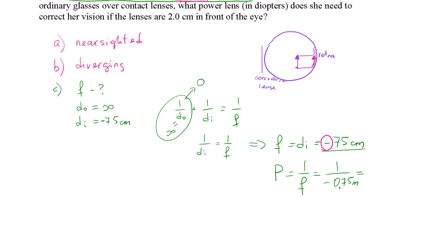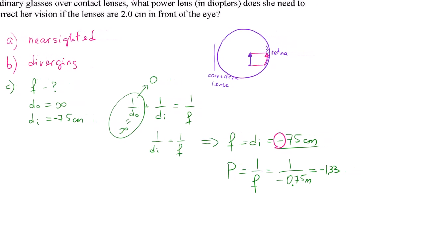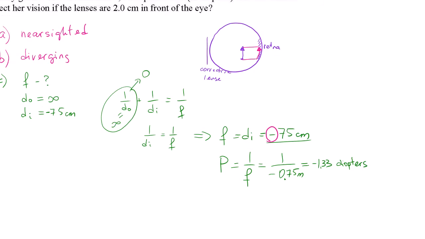This will give us negative 1.33 diopters. So let's box our answers. This is the power of the lens. This is the focal length of the lens.